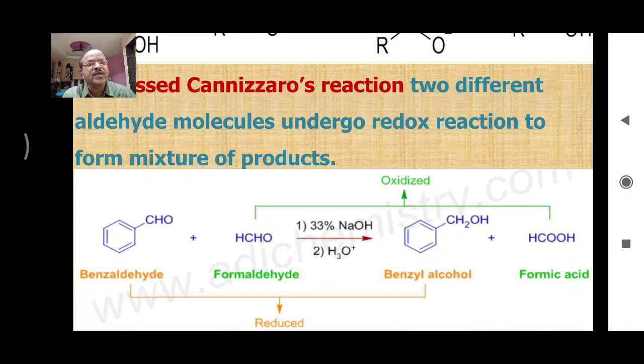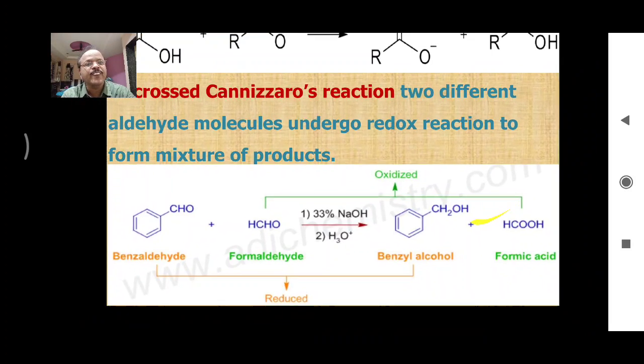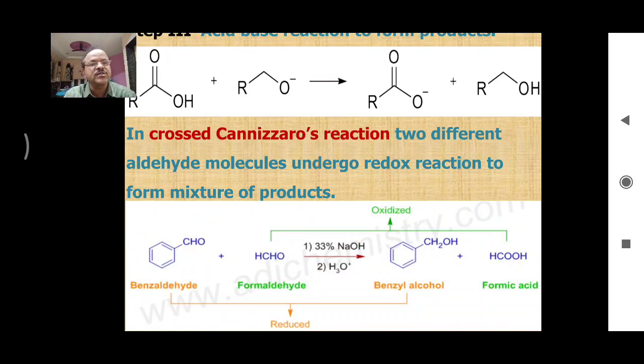Now this benzaldehyde undergoes reduction to form benzyl alcohol, whereas this formaldehyde undergoes oxidation, and there is formation of formic acid. So this is the crossed Cannizzaro reaction.